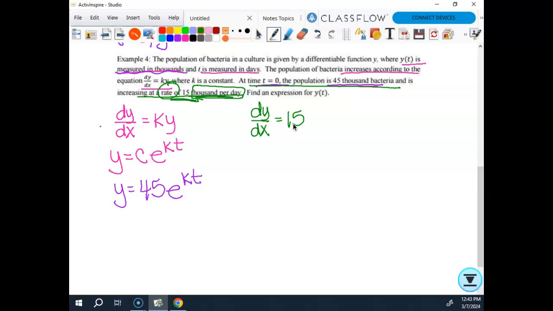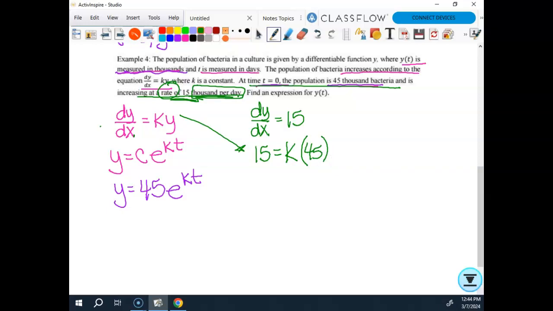Okay. And then 15, that's my dy dx. Here, to substitute it into this, dy dx is 15. That's equal to k times, what is the y value when this is the rate? 45. Remember, this isn't a rate for the entire thing because the rate of change is changing, because this is not a line.